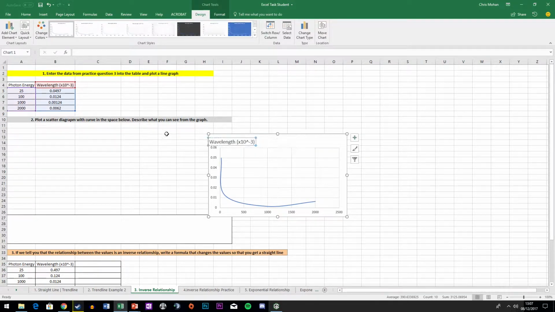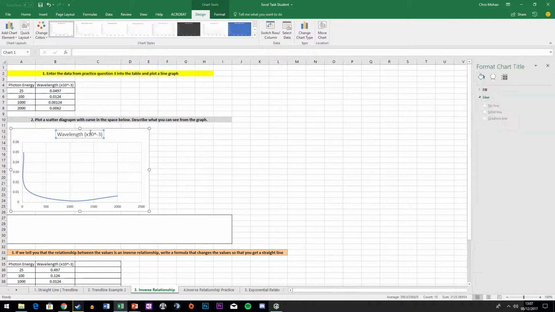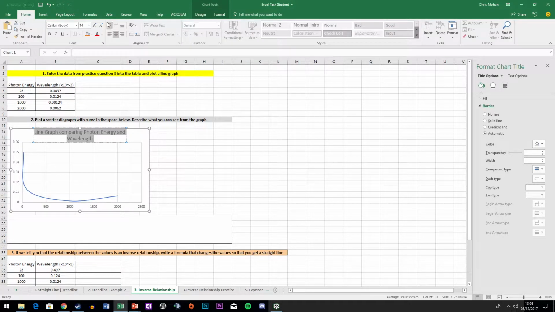Now we should adjust our title. So this one's a line graph now, comparing photon energy and wavelength. I don't know if making this any smaller will fit it on one go.